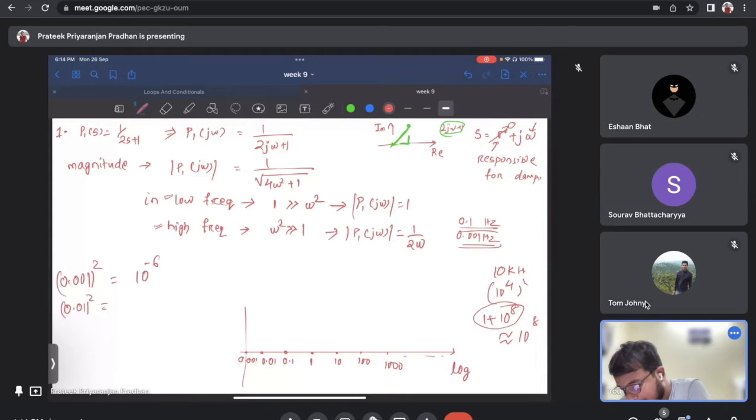Can I do this? Yes or no, Ishan? That's why in the low frequency range the magnitude is 1, and in the high frequency range the magnitude is 2 omega. Correct?